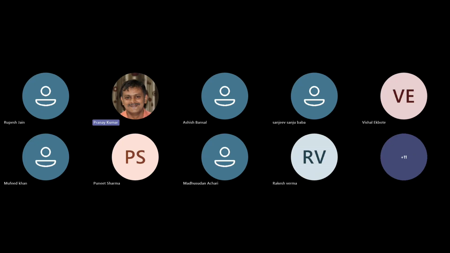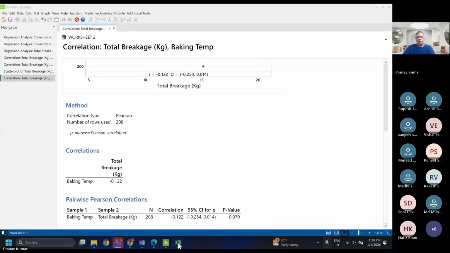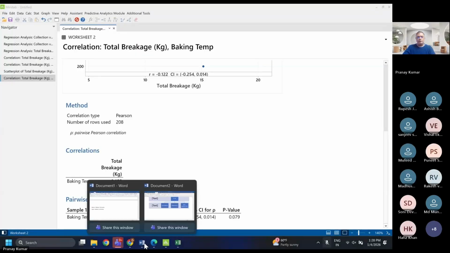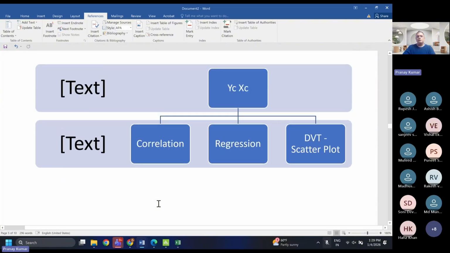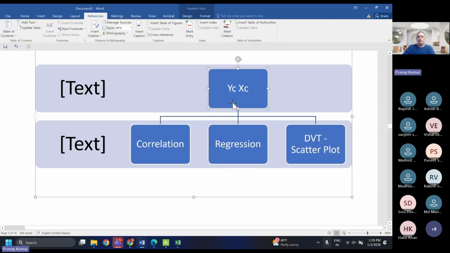Done, people? Are we back? Start आगे. Yes, Pranay sir. So we are now done with this part where we are saying y and x are both continuous.